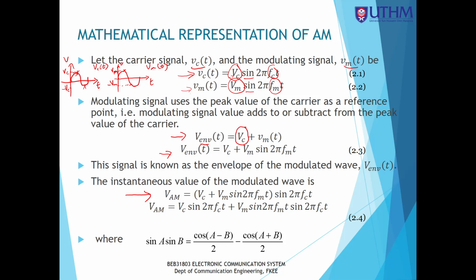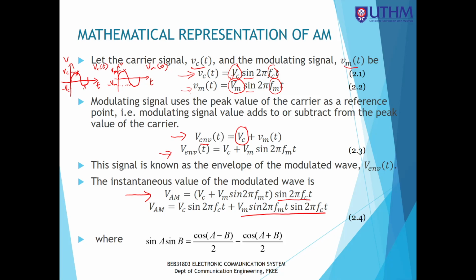So when you multiply the envelope equation and sine 2 pi fct, what you will get is Vc sine 2 pi fct plus Vm sine 2 pi fmt sine 2 pi fct. And this component we can further elaborate using trigonometry identity.